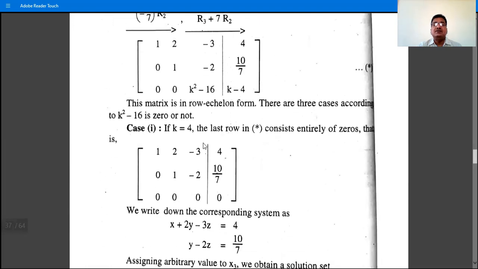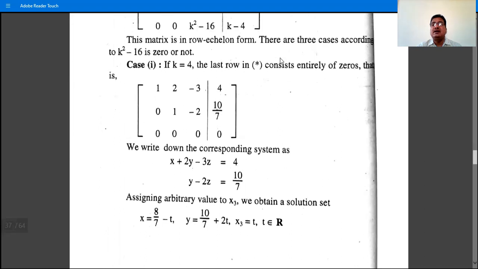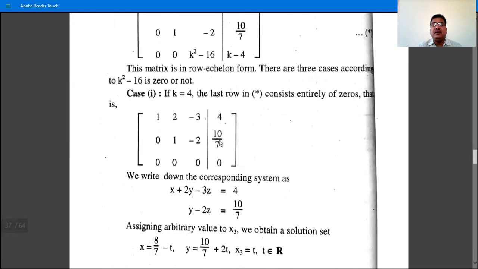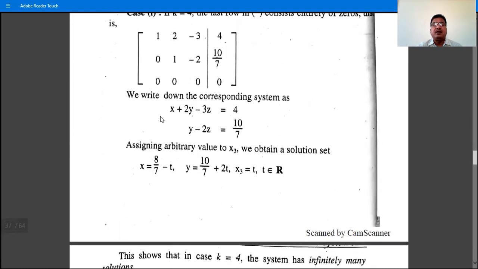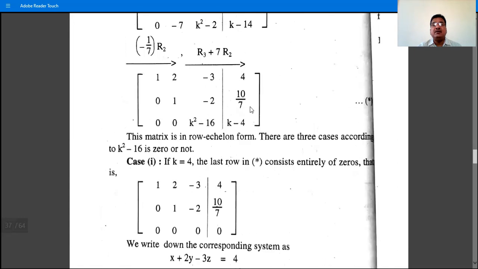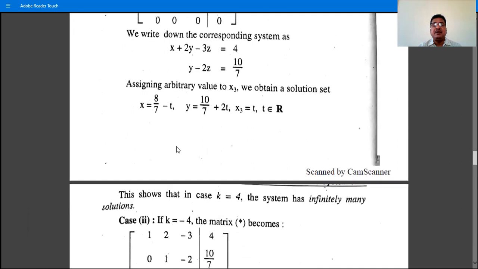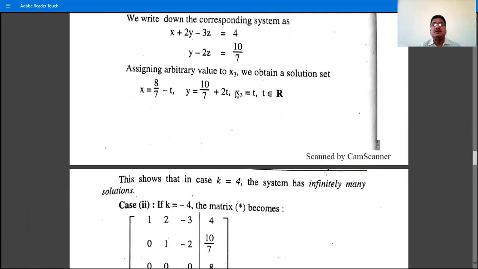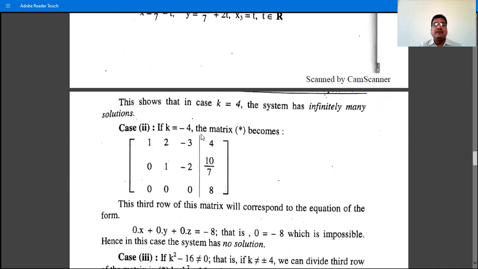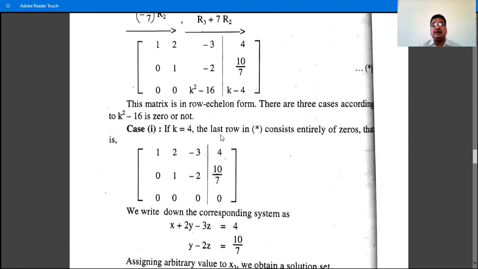From the echelon form, we rewrite the equations, and we can also find the solution. So we have two equations and 3 unknowns. Therefore, the system has infinitely many solutions. We assign one unknown, suppose z as t, and then find y and x.